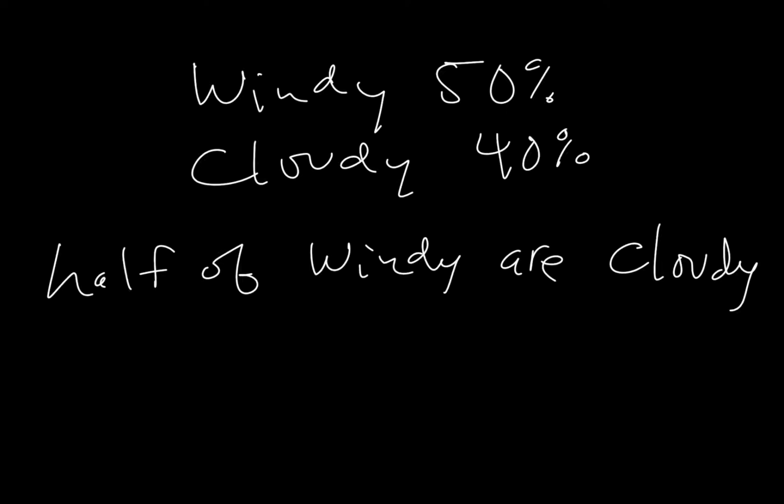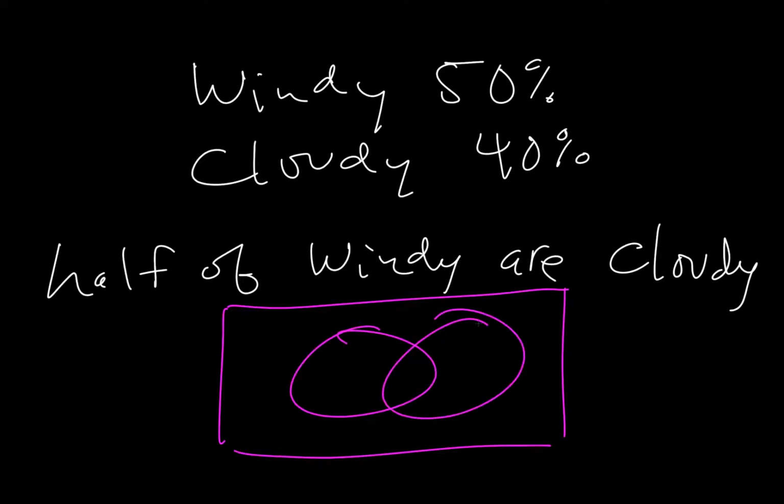Okay, so the best way to approach this, I think, would be to do a Venn diagram. So we have windy, we have cloudy. Now, half of the windy days, so if we're only looking at this circle, half of the windy days are cloudy.